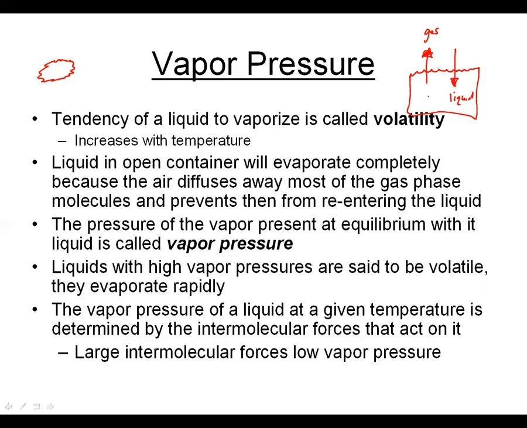At some point that will come to equilibrium, but at the surface of any liquid you essentially have that process occurring. You've got guys jumping out of the liquid phase, and guys coming back into the liquid phase.